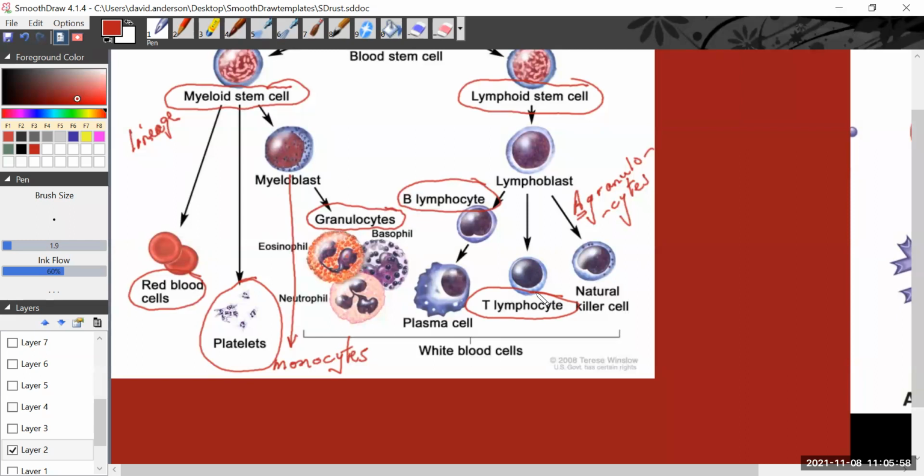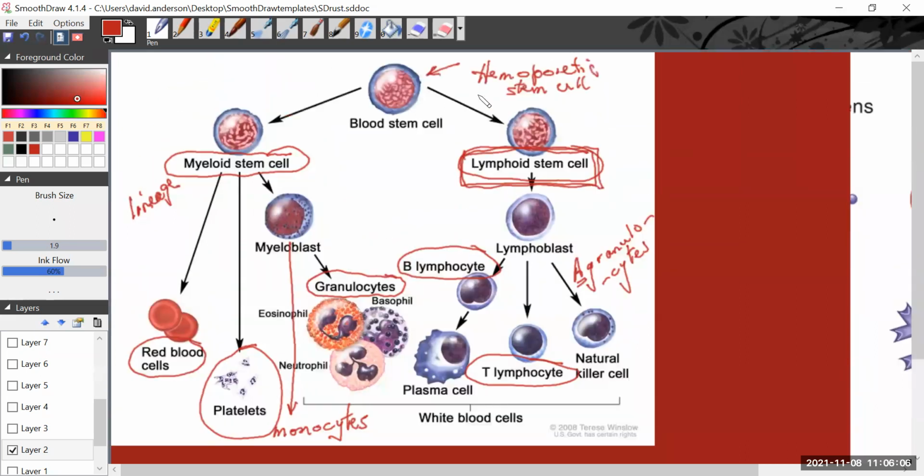Those are called T lymphocytes, and they come from the lymphoid lineage. So they all originate from a hemopoietic stem cell, but then separate to follow a separate pathway. Okay, we'll talk a lot more about these lymphoid stem cells and the cells that come from them when we talk about the immune system.